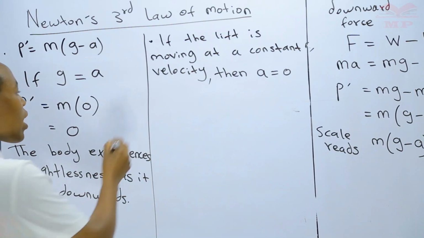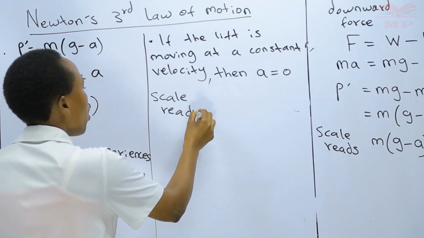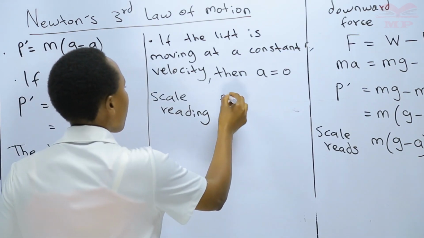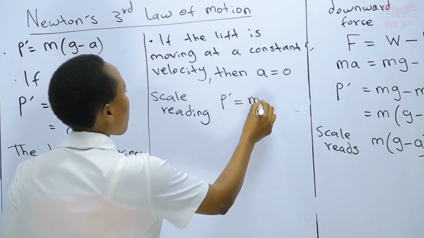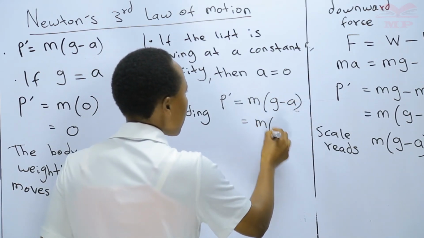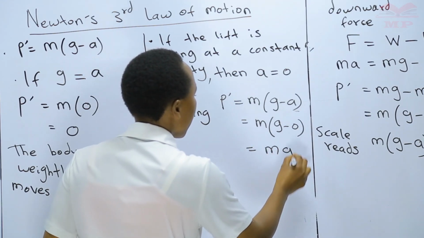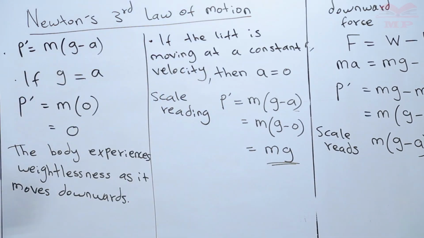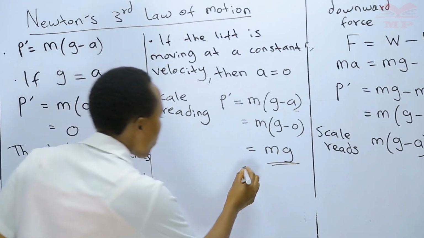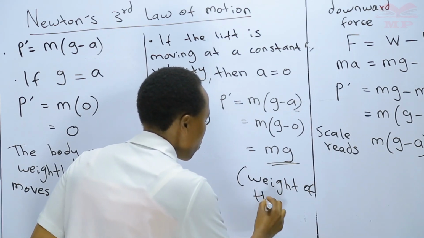And therefore, the scale reading will be P prime, which will be equal to mass times g minus a. We are going now to have mass, our g minus 0. And therefore, the scale will read the weight of that body. So the scale reading will simply be the weight of the body.